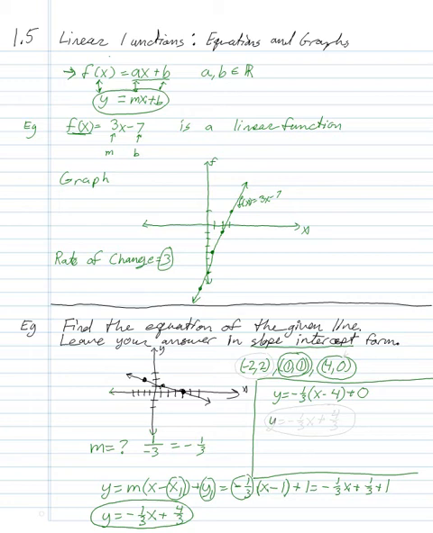So the only thing I need to do now is distribute the negative 1/3, so negative 1/3 x. Negative 1/3 times negative 4 would give me positive 4/3. And we end up in exactly the same place. So this version was a little bit shorter because we did have that y coordinate of 0.